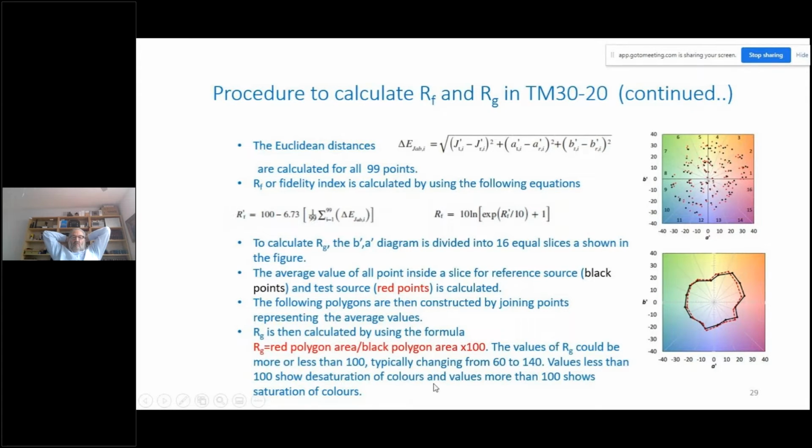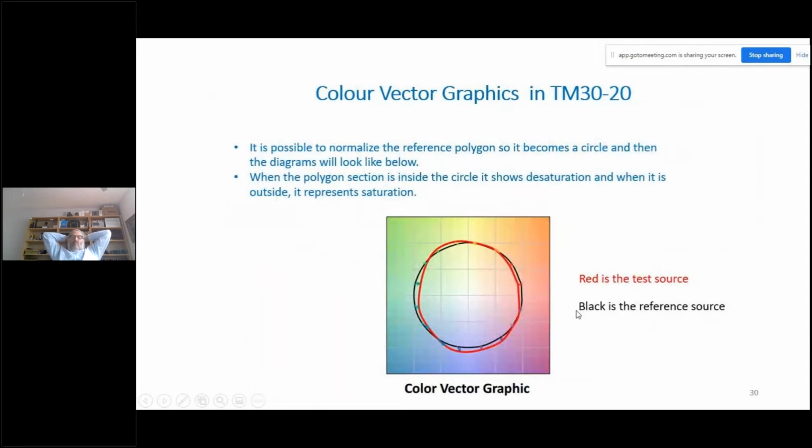So in order to calculate RG, you would measure the area of the red polygon divided by the black polygon and multiply by 100. The red area could be either more or less. So that's why your number could be more or less than 100.